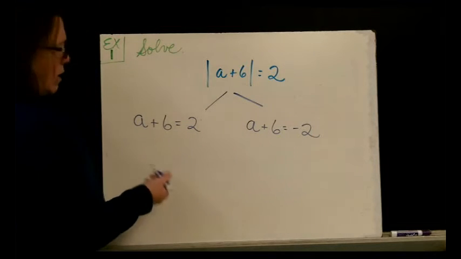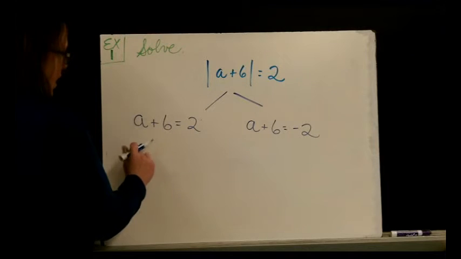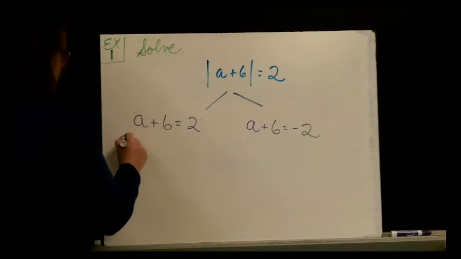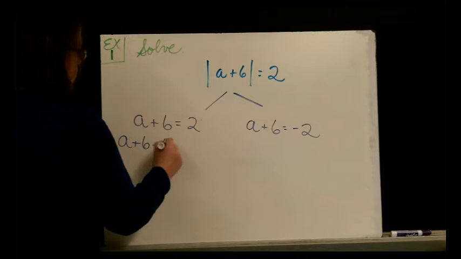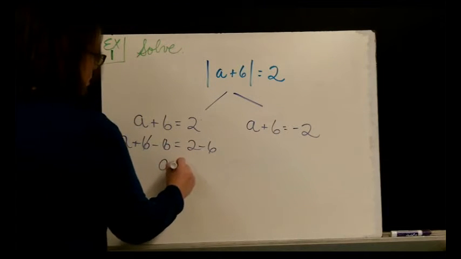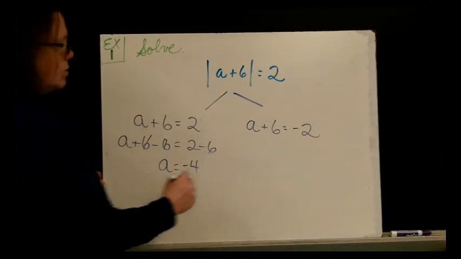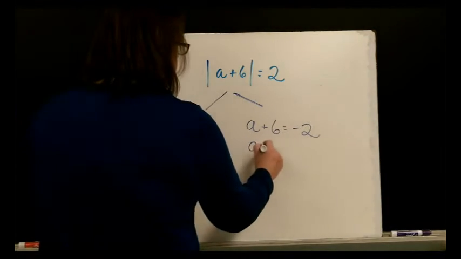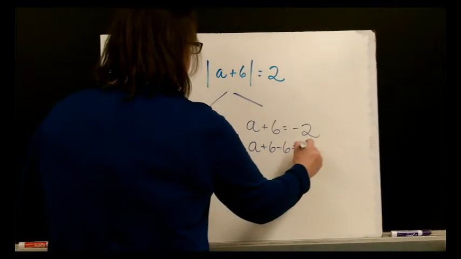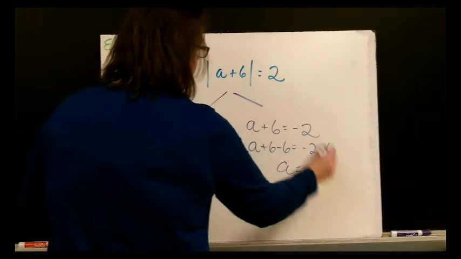And then we solve this the same way that we've been doing since pre-algebra. We want to isolate the a, so if this is just one step, we put a negative 6 on both sides. And so one of the values of a is negative 4. And we'll do the same thing here, put a negative 6 on both sides. And here we get that a equals negative 8.